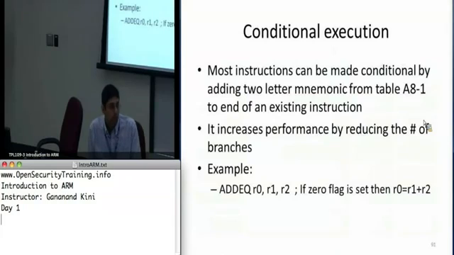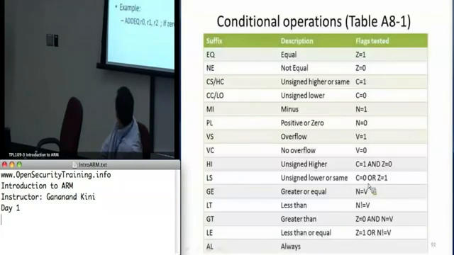So most of the instructions in the ARM instruction set can be made conditional. So if you wanted to do a conditional add or subtract, you could do that. You would just use a suffix. And you can look up a mnemonic from the table that follows.